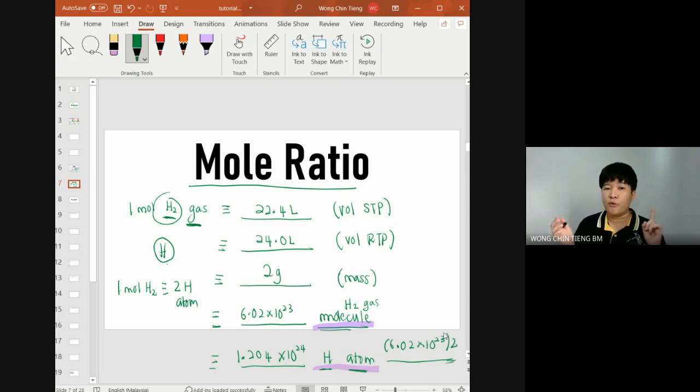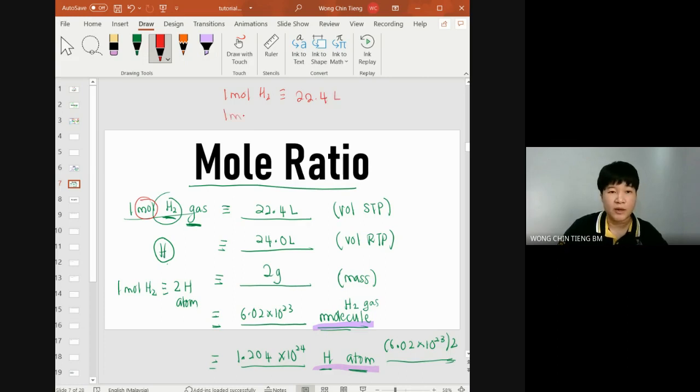And that is what we call mole ratio. You always start with the 1 mole. Always. Okay? Nama pun mole ratio. So in the comparison, one of the side must be pegang mole. Kalau kamu tengok, saya akan sentiasa ada 1 mole of hydrogen gas, I compare with 22.4 liter.